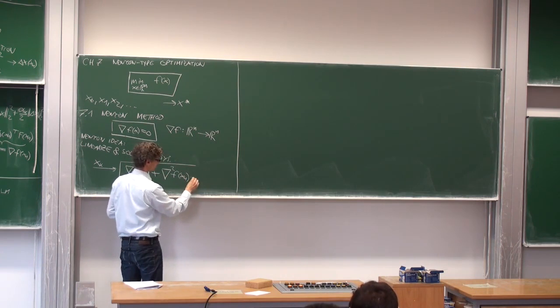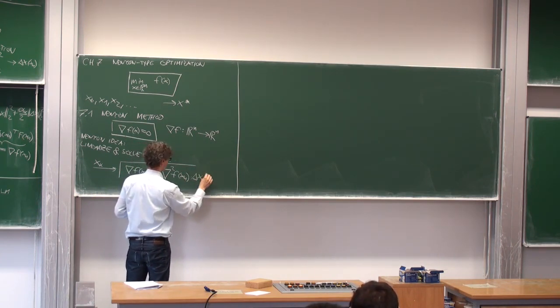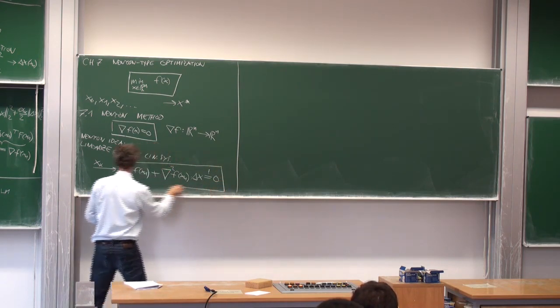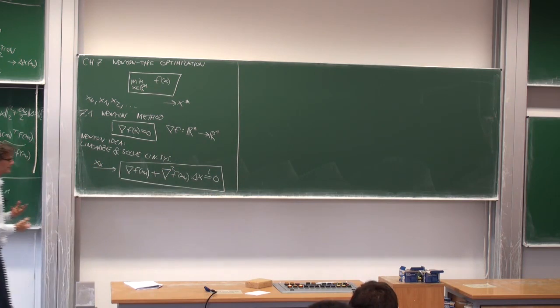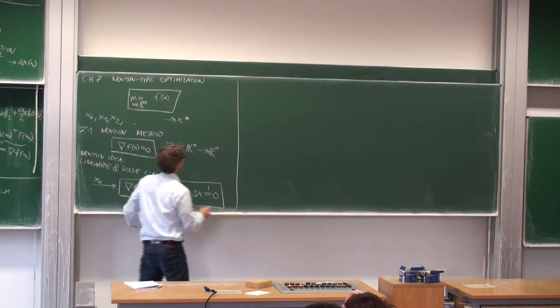And let me note the step delta x. And we require this thing to be 0. And then by solving that system, we get a next iterate. And of course, we assume again that we can invert this matrix.